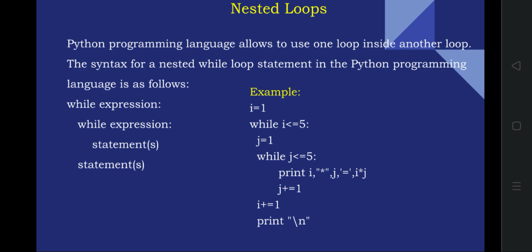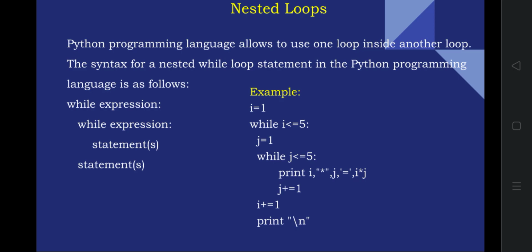The example given is: i is equal to 1, while i is less than or equal to 5. That is the first loop. Next, under the while loop, j is equal to 1, while j is less than or equal to 5, print i into j is equal to i into j.